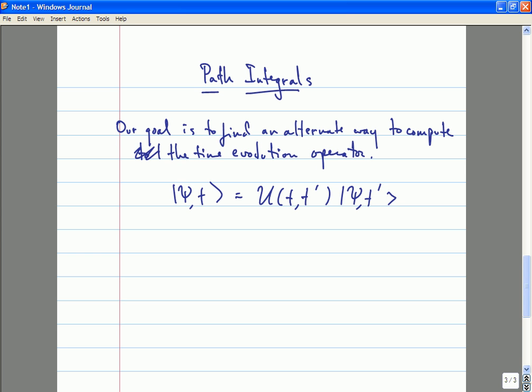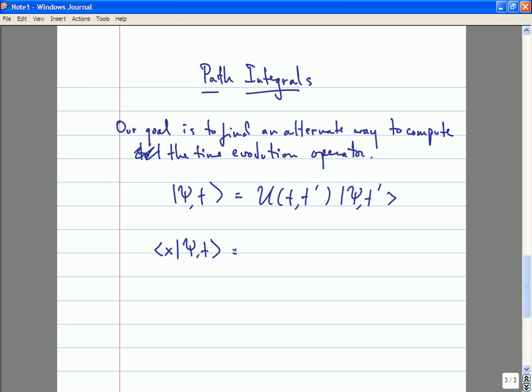So, for the purpose of this lecture and next lecture, I would like to consider the case of just a particle moving in one dimension, although, of course, what I'm going to say can be generalized, in which case what I'm going to try and compute are the matrix elements of the time evolution operator in position space. So in position space, we would study the wave function psi as a function of time.